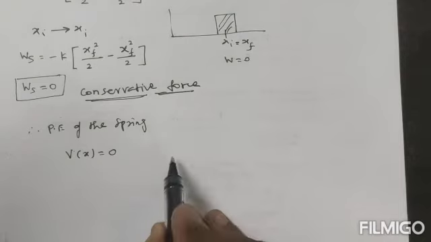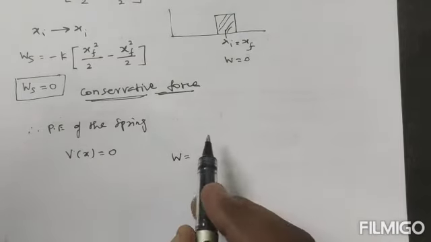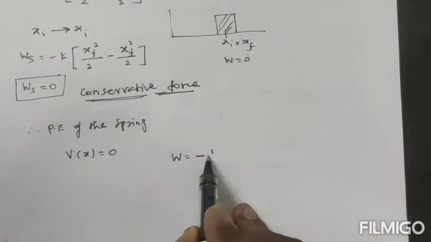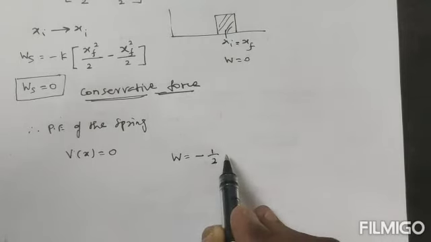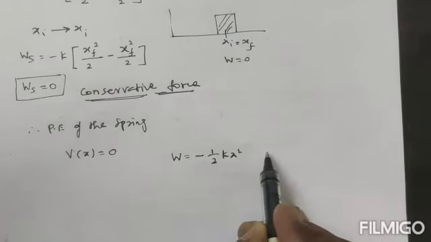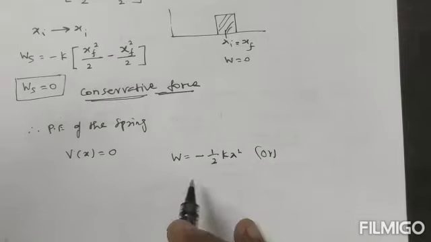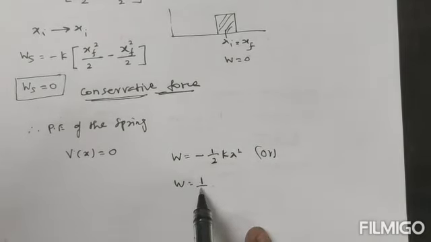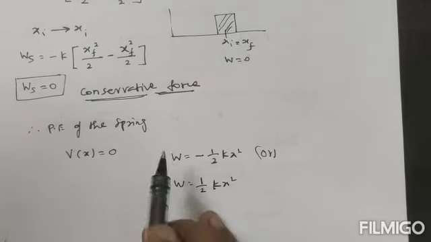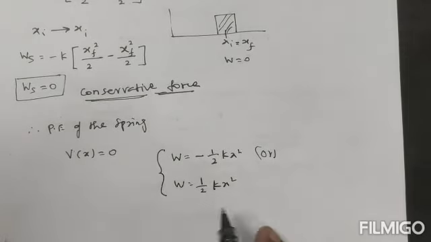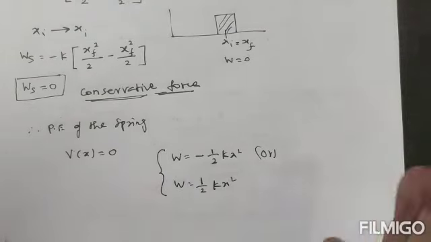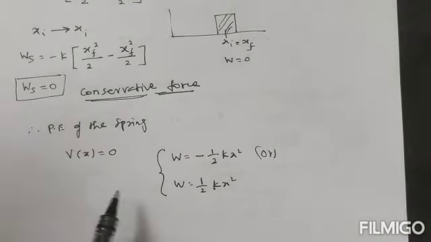So now let us imagine, let's take any work done. For example, the work done by the spring force, that is minus kx squared, or otherwise the work done by the external force, that is W is equal to half into kx squared. Let us take either equation.